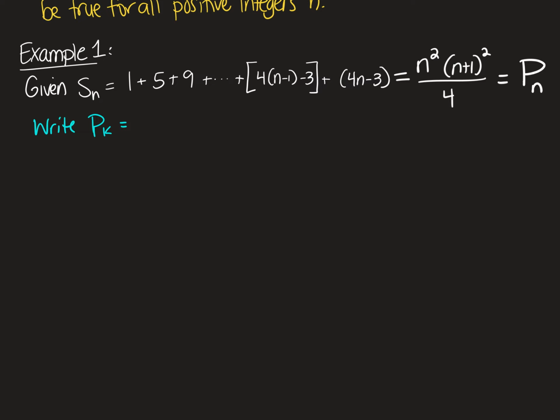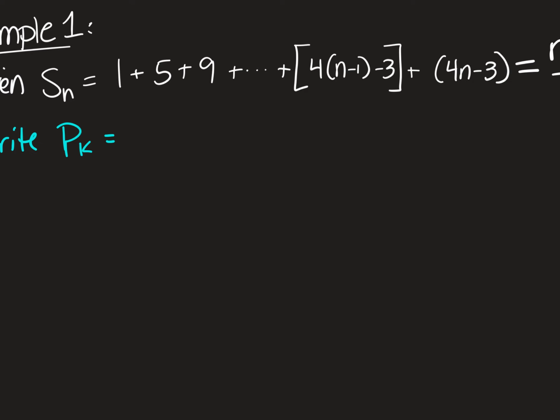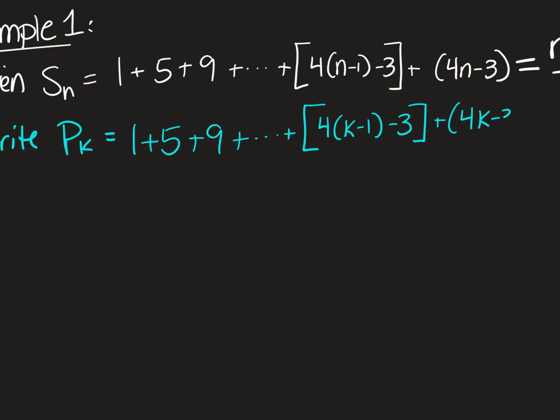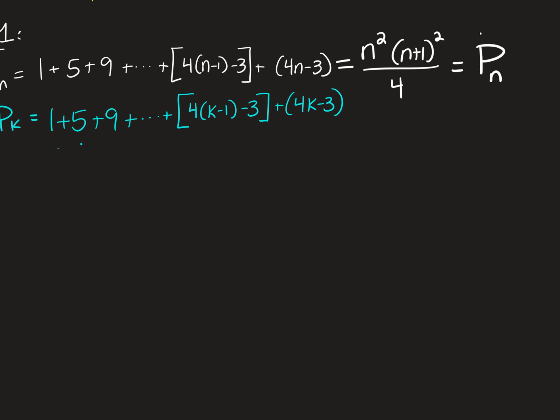sequence. Let me zoom in a little bit here while we do this, and we'll just kind of move through this. 1 plus 5 plus 9 plus ... all the way up to, and I'm just going to replace n with k. So I'm not really doing anything other than just replacing n with k.